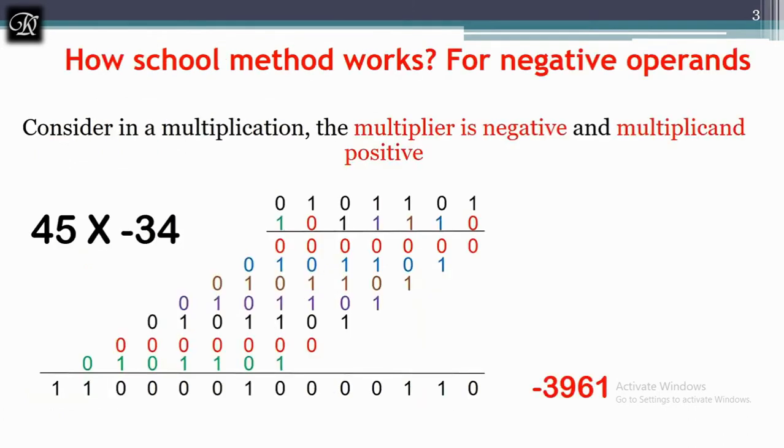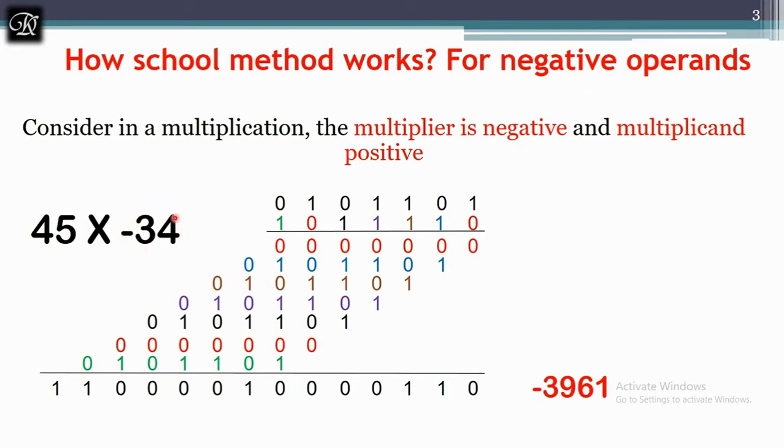See first how we are going to calculate using the normal school day method, that is 45 and negative 34, where 45 is the multiplicand and 34 is the multiplier. And in the previous video I have already told you, whenever we are going to get negative values, either for addition or subtraction or multiplication, you have to find the negative version of this in binary.